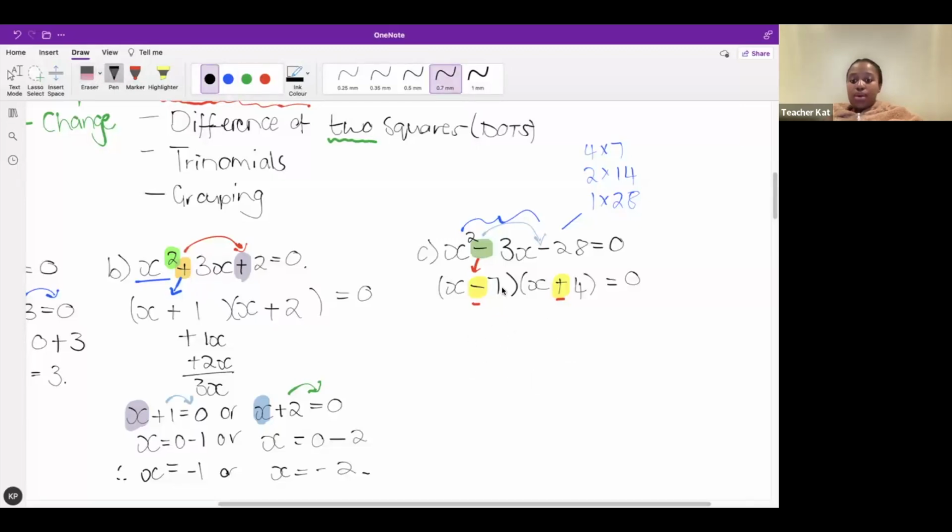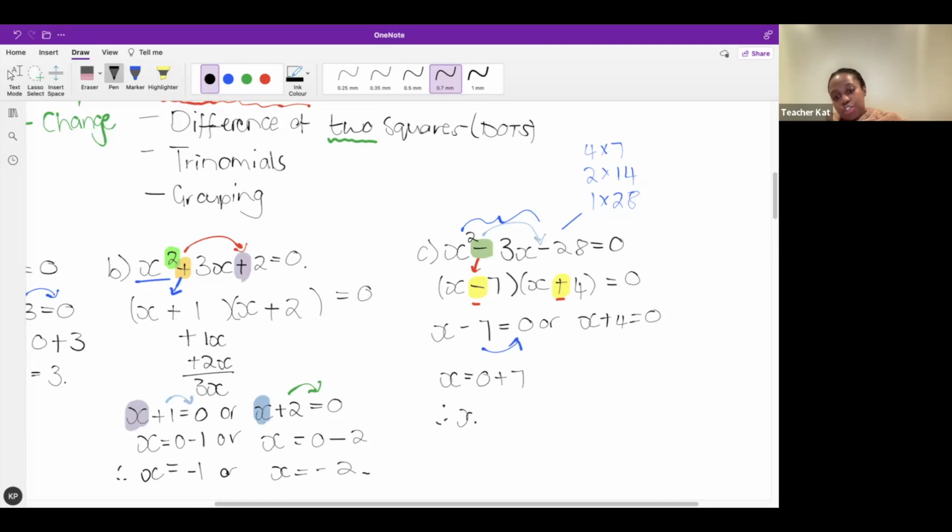Okay, so now we have our two factors equal to 0. That means either the first bracket, which is x minus 7, is 0, or my second bracket, which is x plus 4, is equal to 0. Okay, let's get x on its own. -7 goes over. What does it become? -7 as it goes over, it becomes a +7.